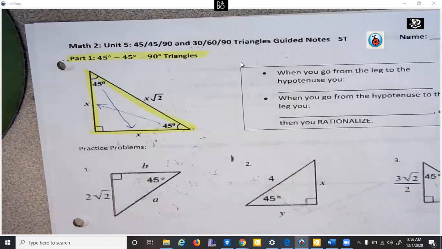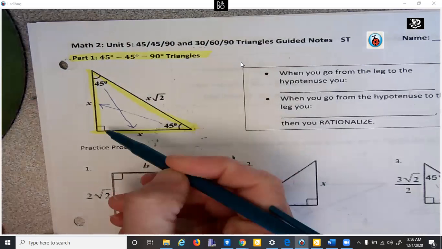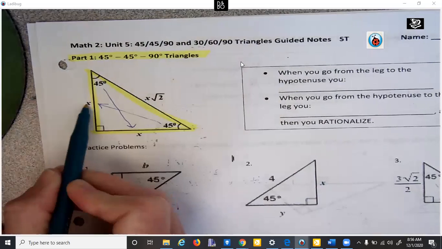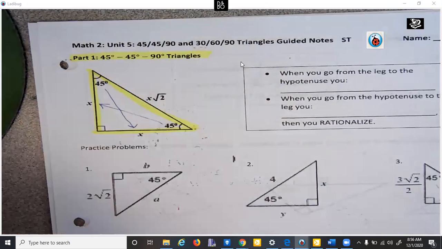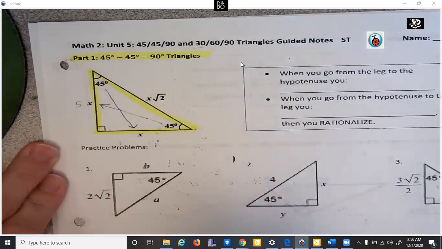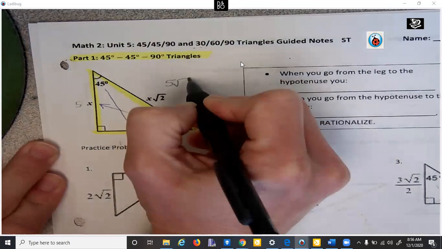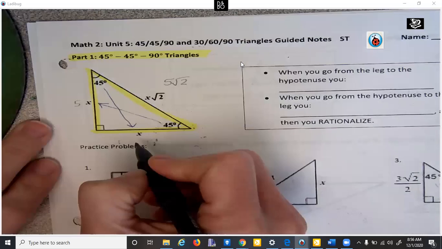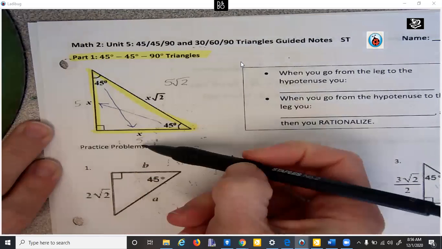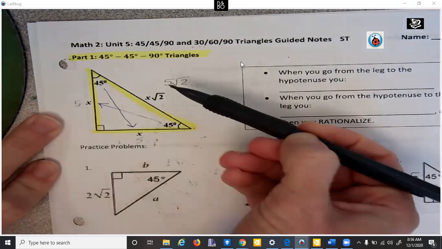In a 45, 45, 90, whatever these two sides are, so let's say that this was 5, then the hypotenuse is always 5 root 2.